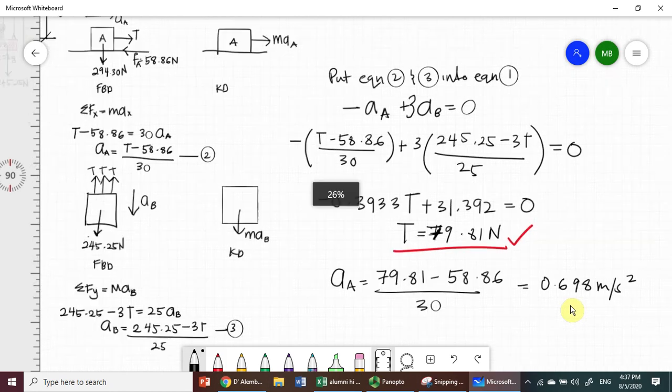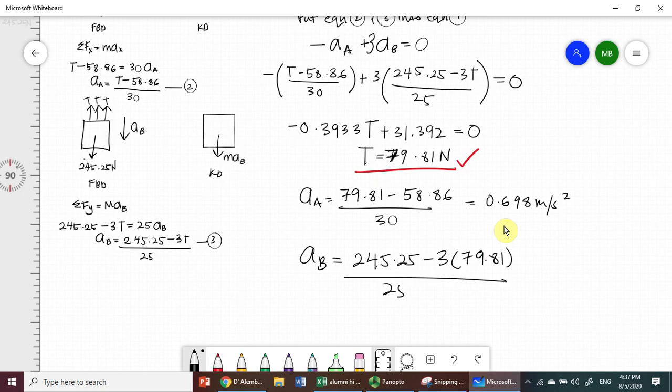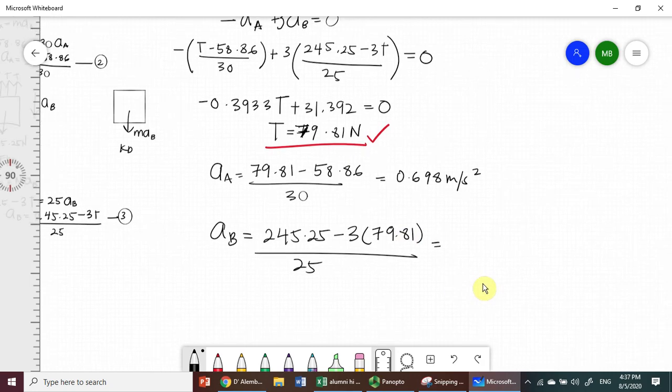Same goes for acceleration B: (245.25 minus 3 times 79.81) divided by 25. You will get the acceleration at B to be 0.233 meters per second squared.